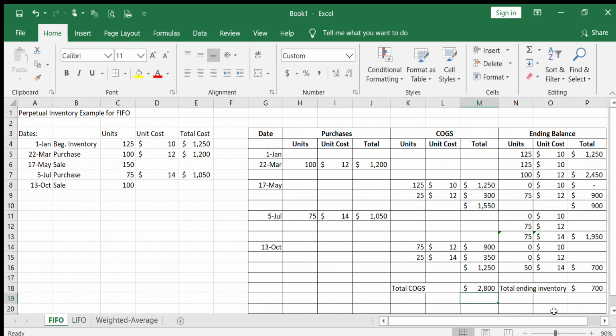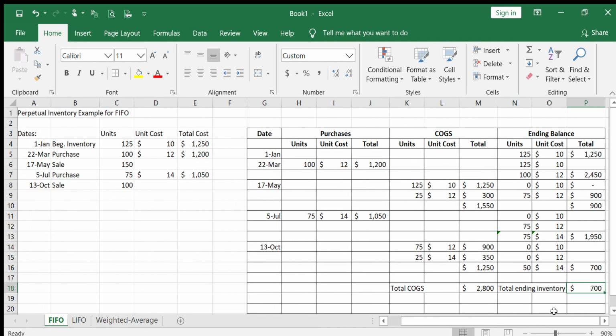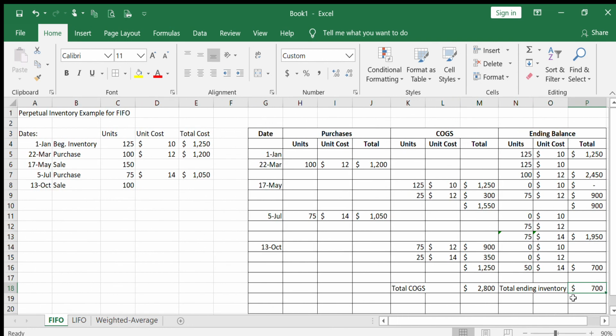So that means that our cost of all the sales we did in the year was 2,800, and we now have $700 of inventory remaining at the end of the year. So when we were putting that in our balance sheet, for example, we would put $700, and this is just the method.